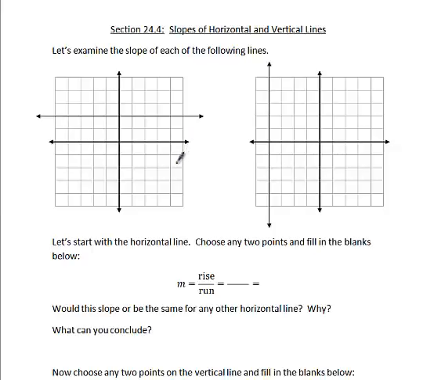Alright, so what about these two special cases of a horizontal line? Here's our line. It's easily confused with an axis, because this line, since it's horizontal, is parallel to the x-axis.